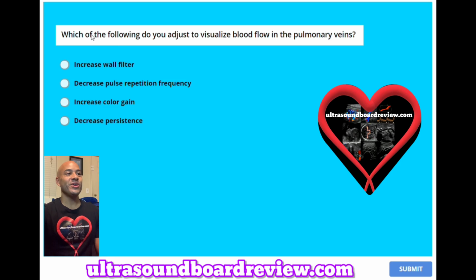Question 55. Which of the following do you adjust to visualize blood flow in the pulmonary veins? A, increase wall filter. B, decrease pulse repetition frequency. C, increase color gain.